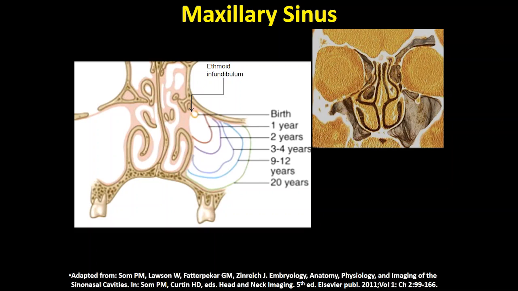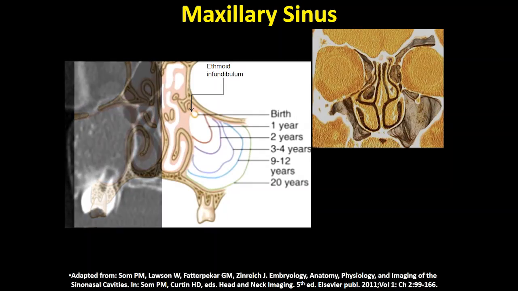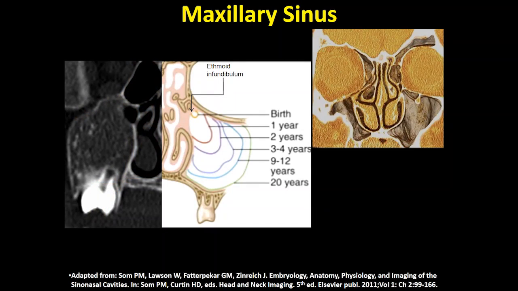The maxillary sinus, during its early development, lies medial to the orbit. It then continues to develop into the body of the maxilla until about 20 years of age. Cessation of growth occurs after the third molar tooth erupts.